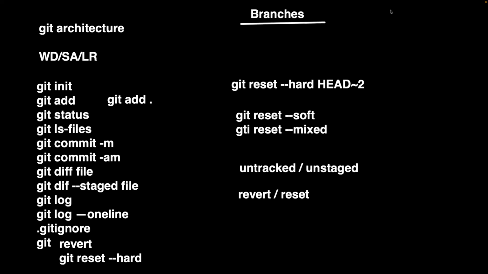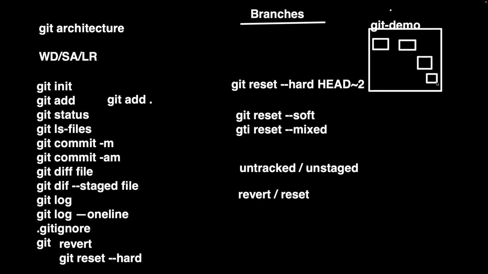You can imagine a branch is like a virtual folder in your local repository. Let's suppose this is my local repository. The name of my local repository folder is Git demo. You may give any name. So your branches work like virtual folders in your local repository.